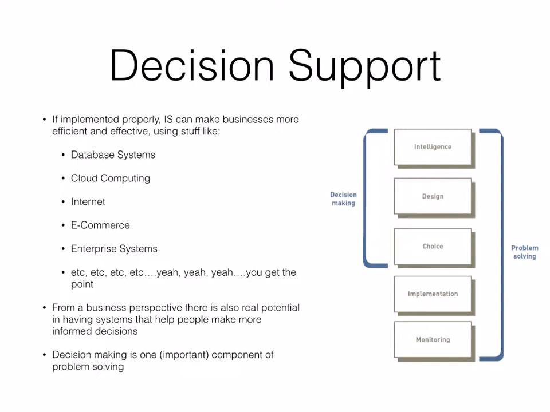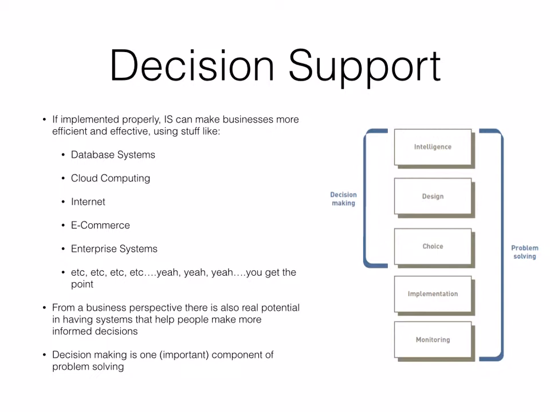So: intelligence, having intelligence about a problem, designing different solutions, making a choice, implementing what you've chosen, and then monitoring and analyzing to know, cerebrally or through technology, whether or not what you've done has provided value. So intelligence, design, choice, implementation, and monitoring.